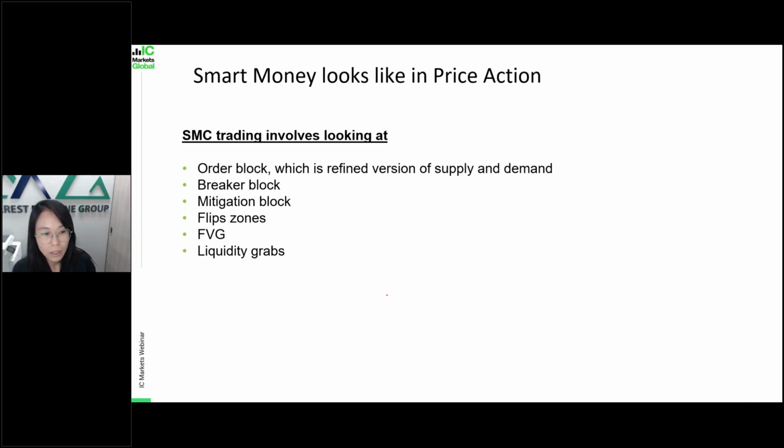Breaker and mitigation blocks are traditionally what we call support and resistance. Order block is simply a replacement for supply or demand, and fair value gap is the imbalance in the market where demand outpaces supply or vice versa.